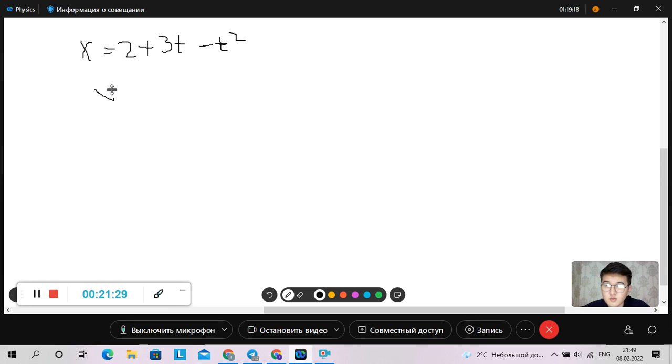As you know, we need to find x. I will just put t is 3: 2 plus 3 multiplied by 3 minus 3 squared. It's equal to 2 meters, and I will need to find the velocity.